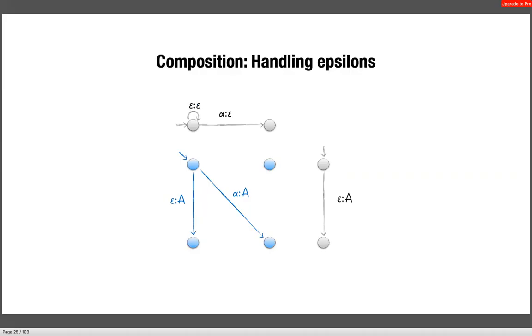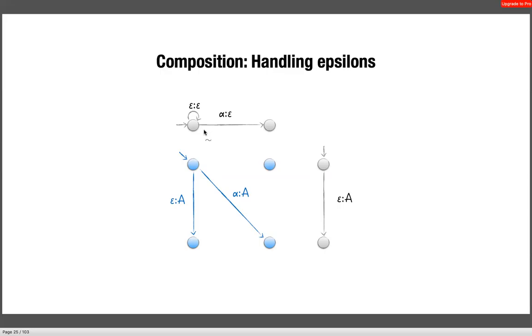So there's another way to think about this. You can imagine that there is this implicit epsilon epsilon self loop. You can imagine these epsilon epsilon implicit self loops exist on every state in every machine. This holds true for every state.